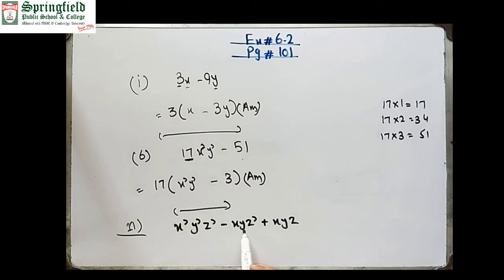And now look, what is the lowest power of the variables x, y and z? The lowest power is x power 1, y 1 and z 1. You can check that there is just one x, one y, but z is 2. And here is x power 2, y 2 and z 2. And here x, y, z is just one time. It means we can take x, y, z one time. So x, y, z can be taken common.